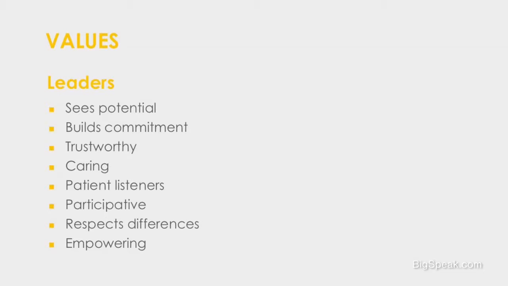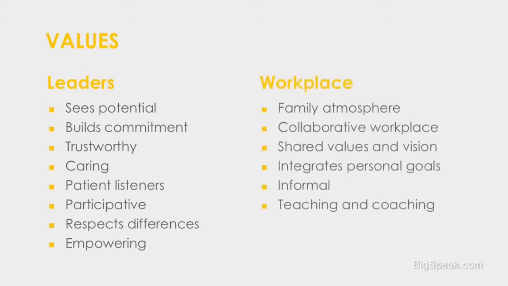So they see potential in people and they coach people, and usually they're very good listeners and they're very empowering to people. I also want you to think about these wonderful yellow workplaces. They're very informal, they're very family-oriented, they often are very communicative, and they often expand out into the community where we enroll other types of people.